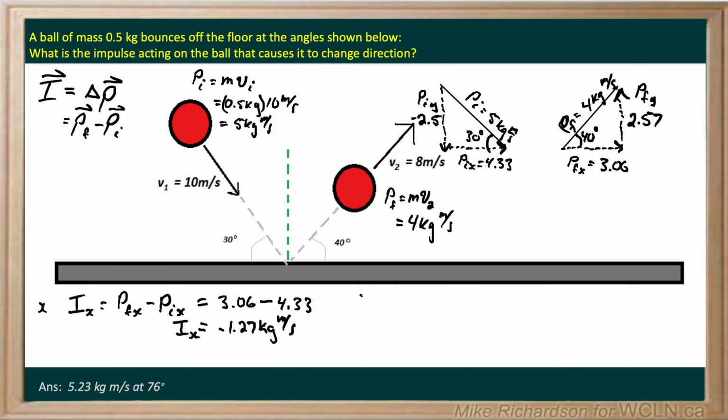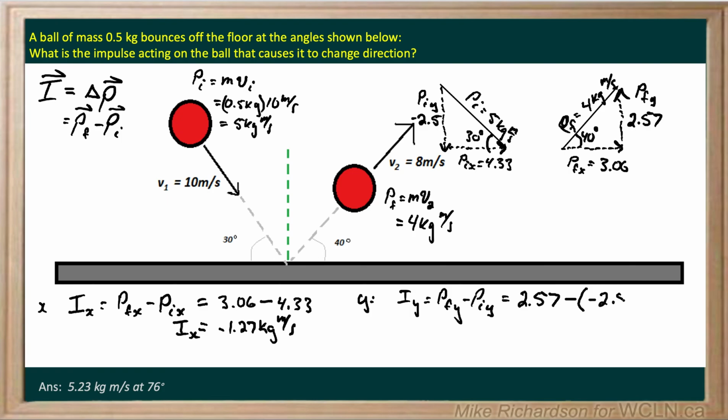Now let's do the same thing in the y direction. Impulse in the y will be P final in the y minus P initial in the y. Now my final momentum in the y was 2.57 and it's up, so that's a positive number. And we're going to subtract my initial momentum in the y, which was down, so it's negative 2.5.